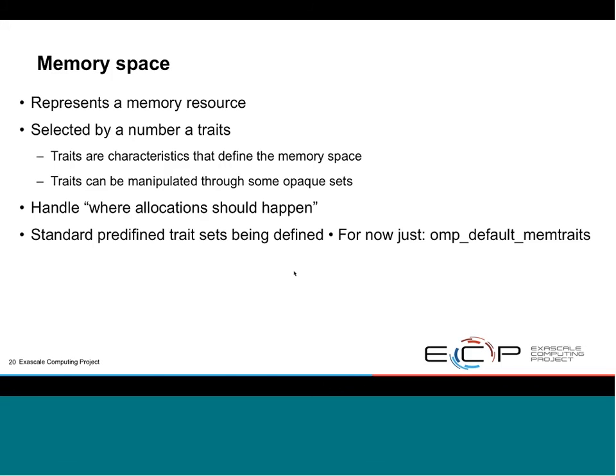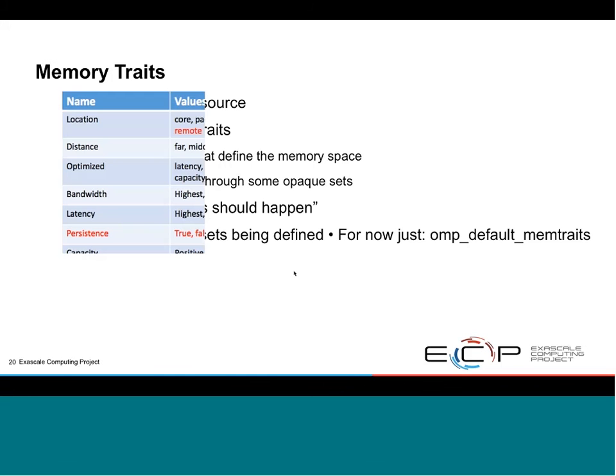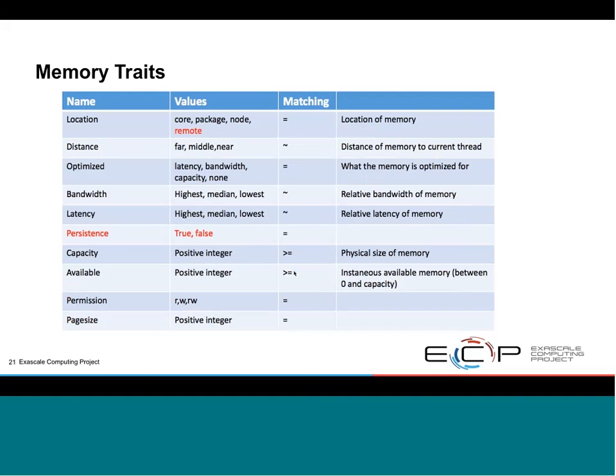With OpenMP we can define memory spaces characterized by different traits or attributes, and interface with the allocators, so that if we want to place a data structure in a specific type of memory, we're going to be able to do that via OpenMP.